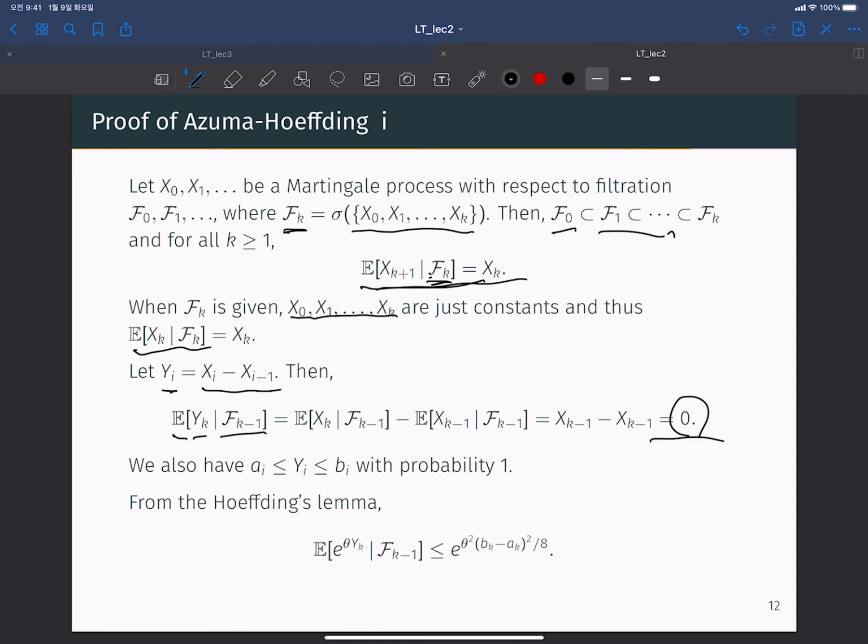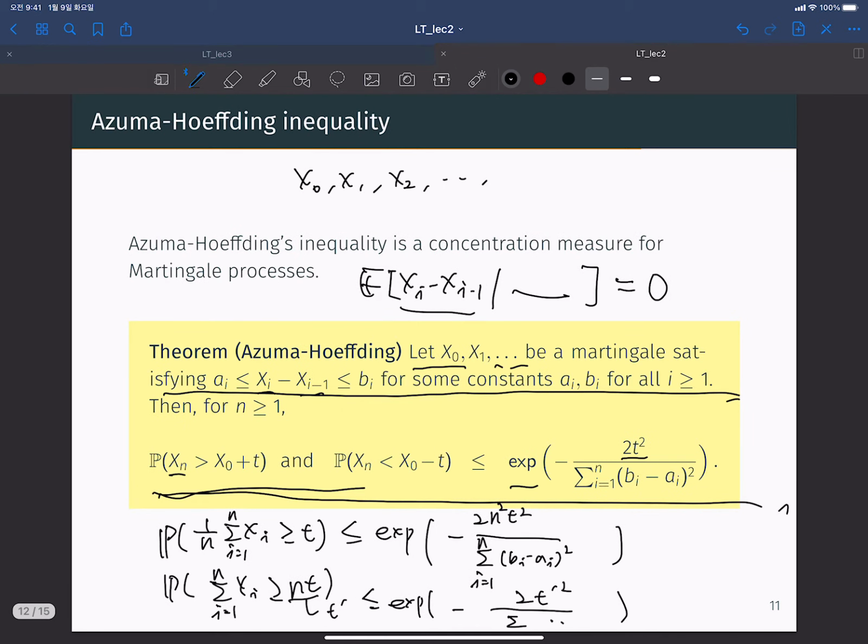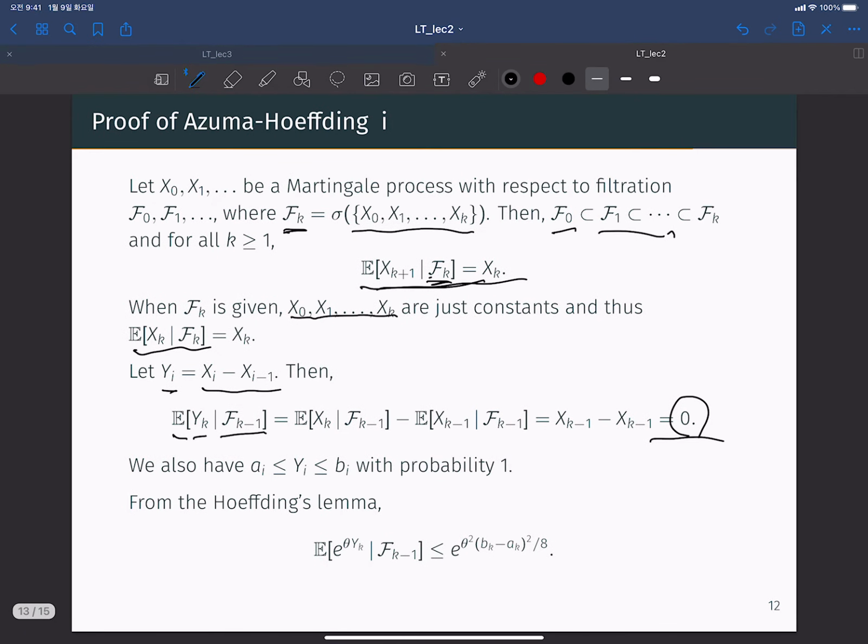And also, since in the theorem statement we assume that yi is always bounded by ai on the lower side and bi on the upper side with probability 1, from Hoeffding's lemma, for this single random variable yi, we have this.